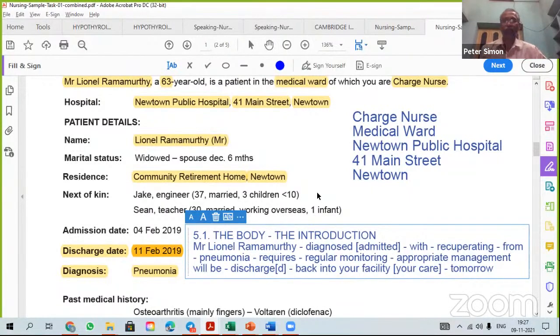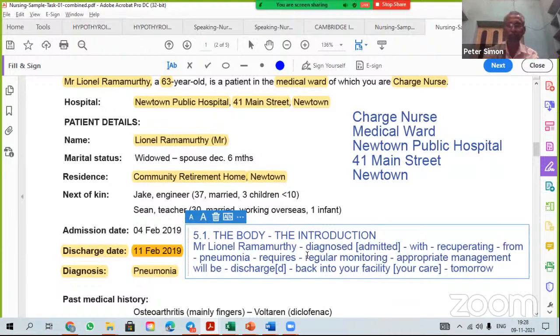So Mr. Lionel Ramamurthy, who was diagnosed with pneumonia, or who was admitted with pneumonia, or who has been recuperating from pneumonia, so here will be a comma.